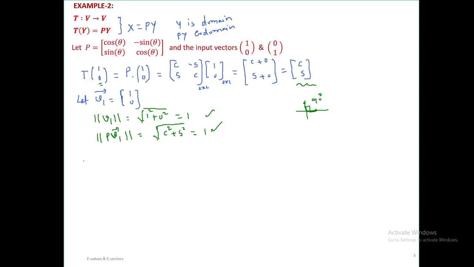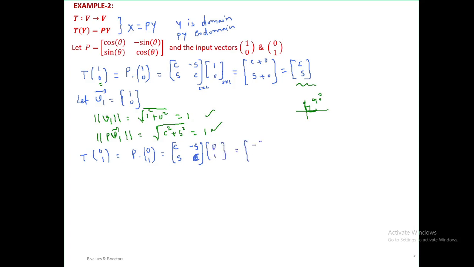So let me find that vector also. T of (0, 1) is P into (0, 1). This is equivalent to the 2 by 2 matrix cos theta, minus sin theta, sin theta, cos theta, and the input vector is (0, 1). Now what is the resultant vector?